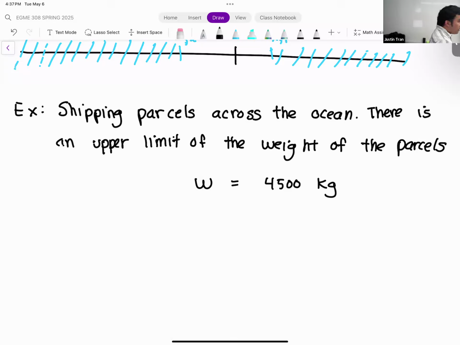Now the thing with these ships is that we're not just shipping one parcel, right? So we're shipping, let's say, 100 parcels at once.